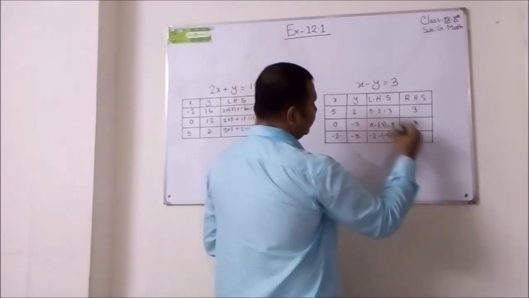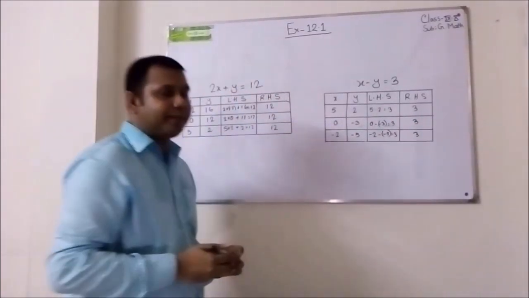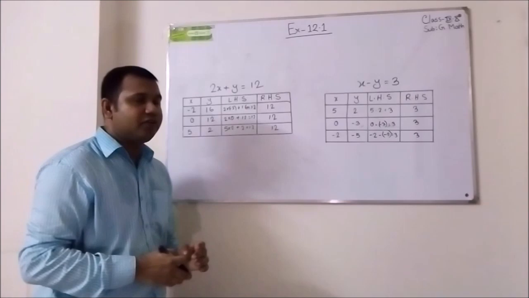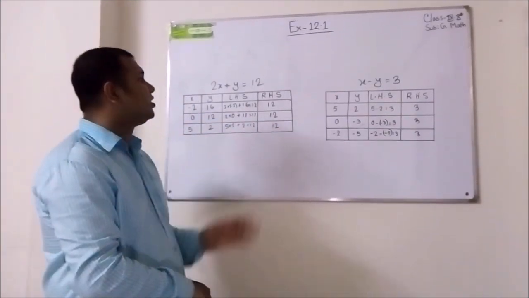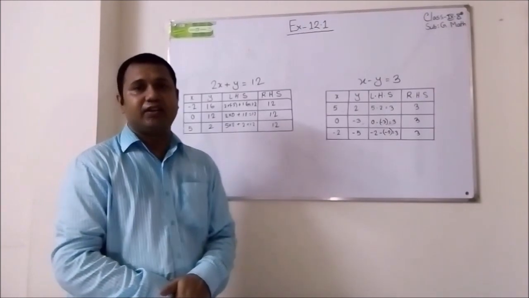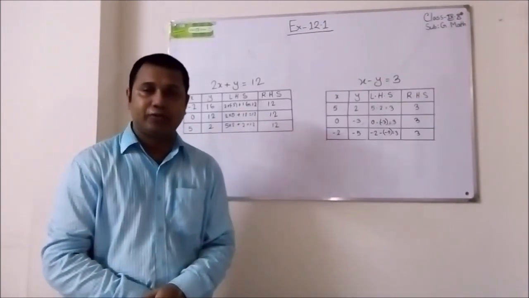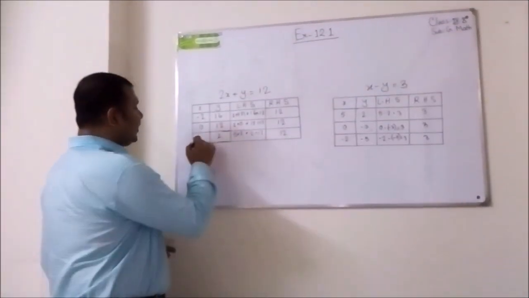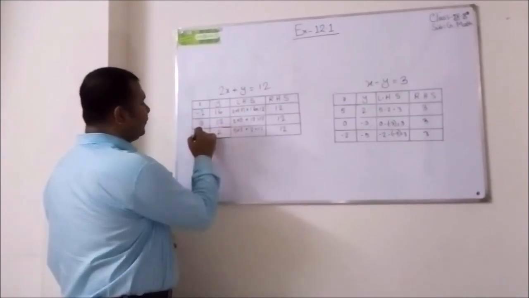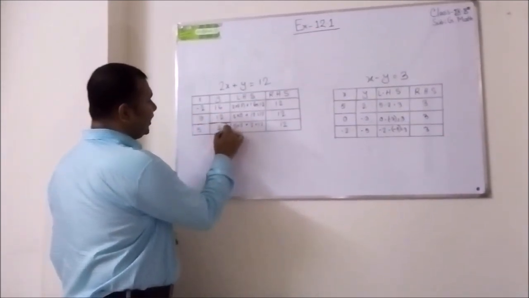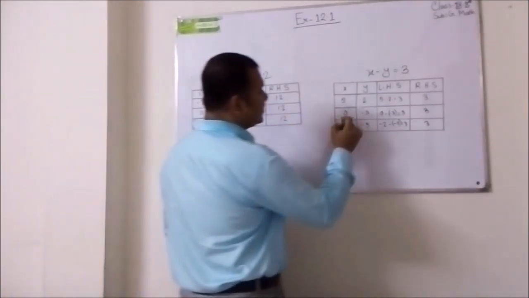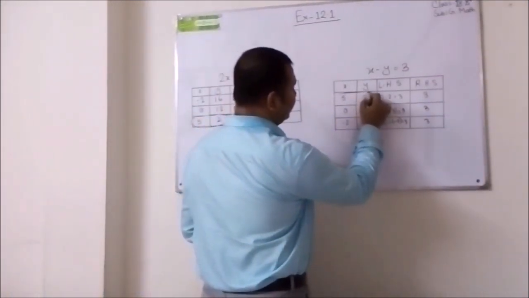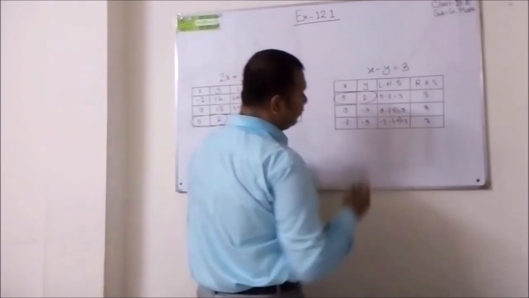So I gave some examples showing that for both equations, for different values of x and y, the left hand side and right hand side are equal. But here we can see that x equal to 5 and y equal to 2 is available for the first equation, and similarly 5, 2 is also available for the second equation.